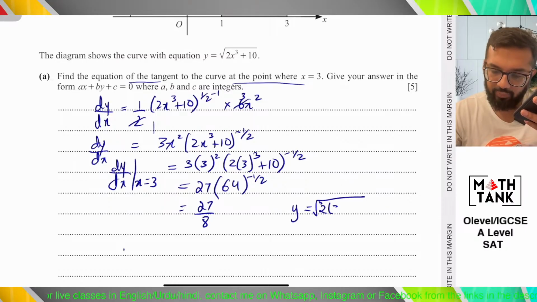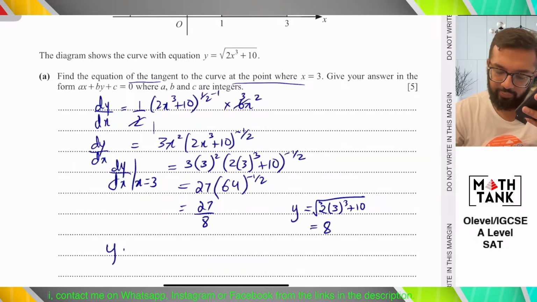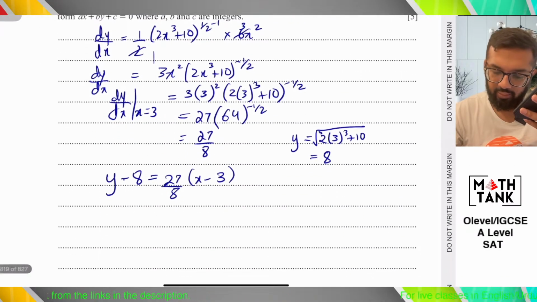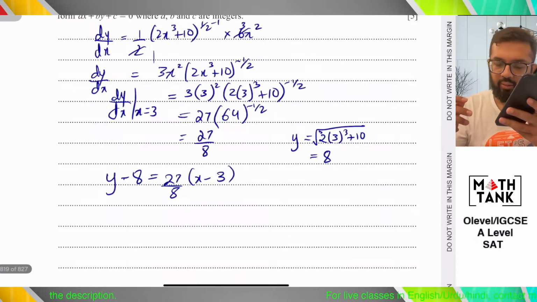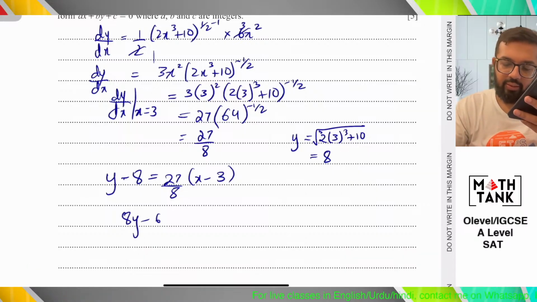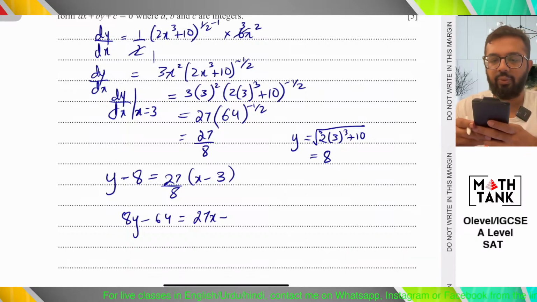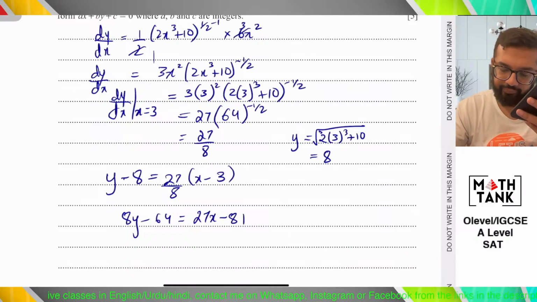Root of 2, 3 cubed plus 10, 8. So y minus y1 equals mx. 8y minus 64 equals 27x minus 27 into 3 is 81.